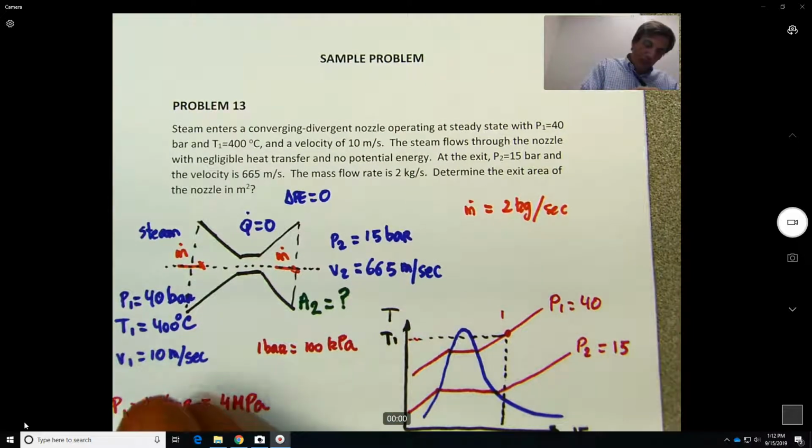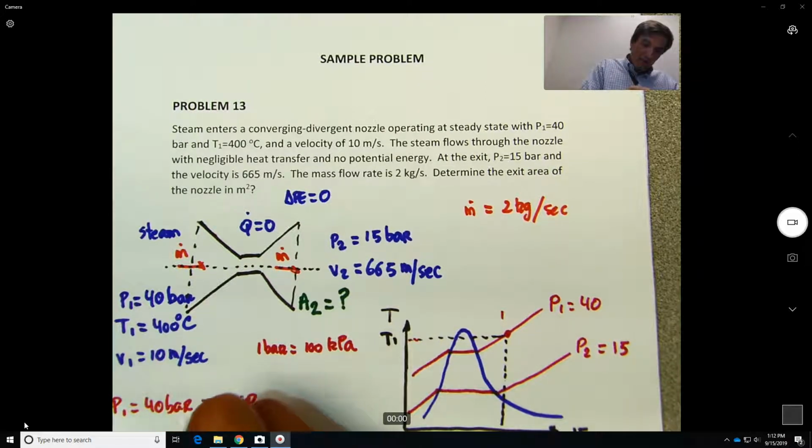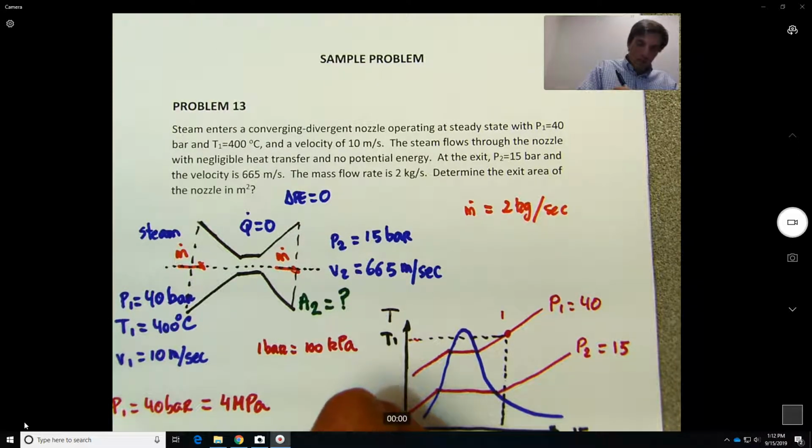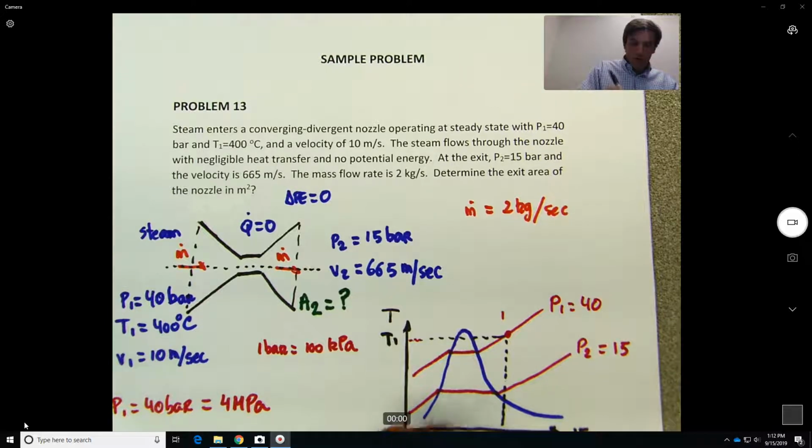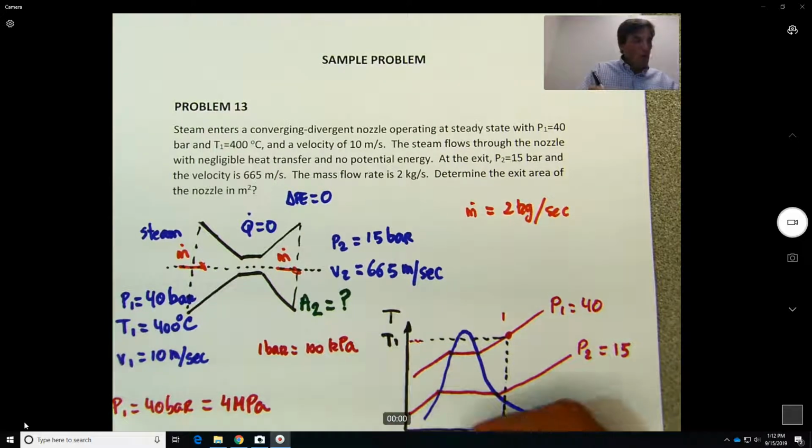So from table A6 at P equal 4 megapascals and T equal 400 degrees Celsius, what do we have?